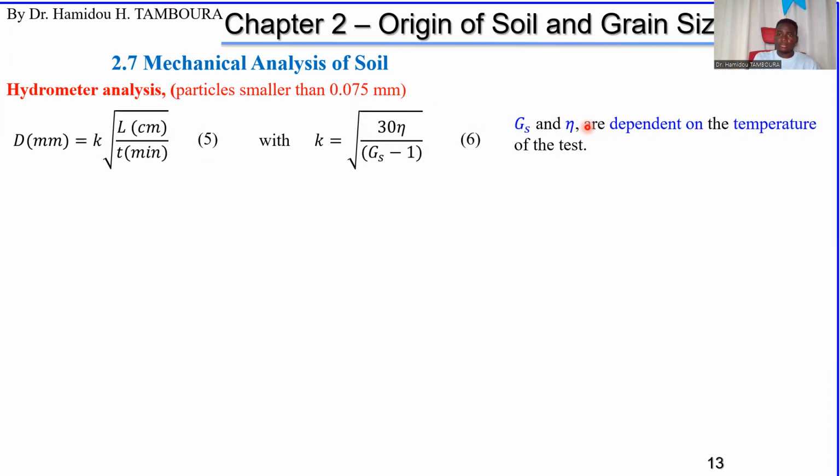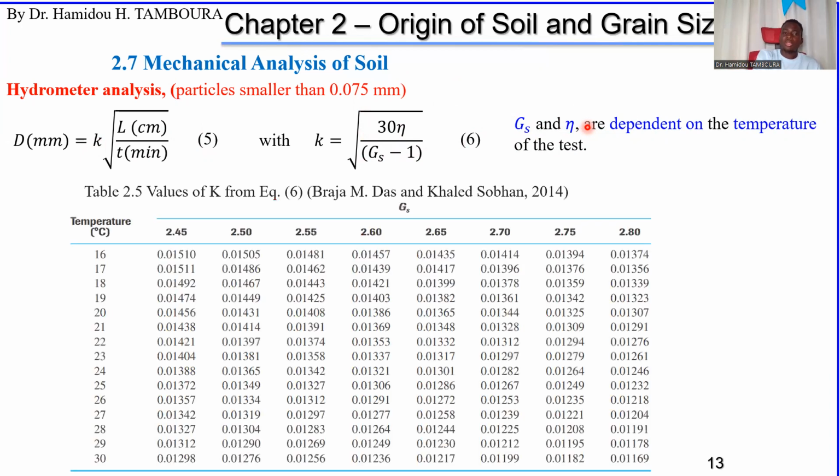This table is giving the value of K for each temperature you measure, and also for the specific gravity.